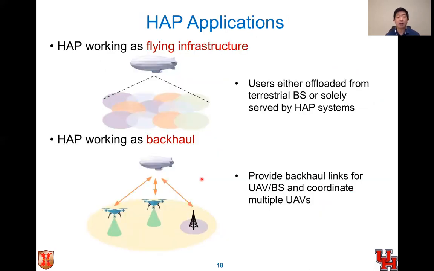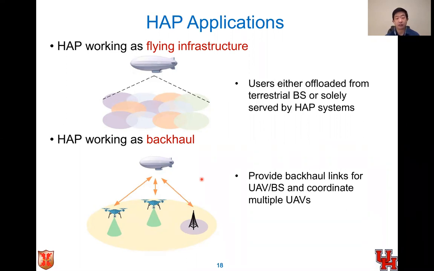And HAP, high altitude platform, is basically a balloon located 10 to 20 kilometers above. There's no weather condition there. So in this case, it can serve as flying infrastructure which can cover many places.